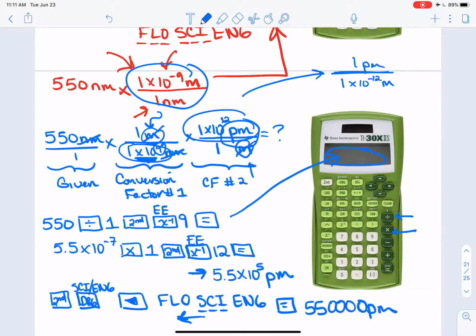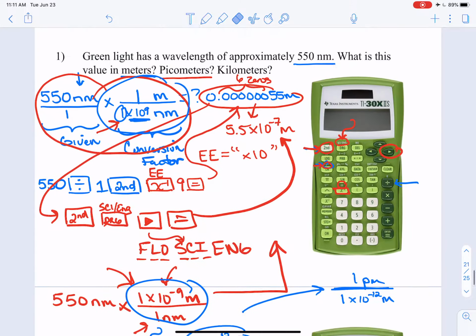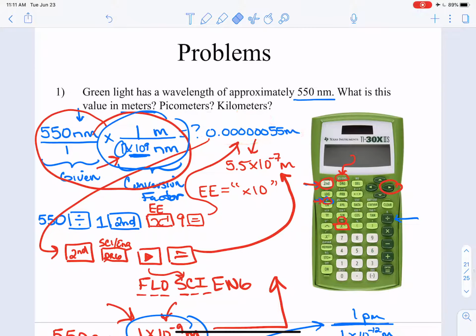Okay, so that is how to do a lot of dimensional analysis and how to work the calculator together, but we aren't done with this problem. No. Okay, so back up here, look, it says we also need to do it in kilometers.